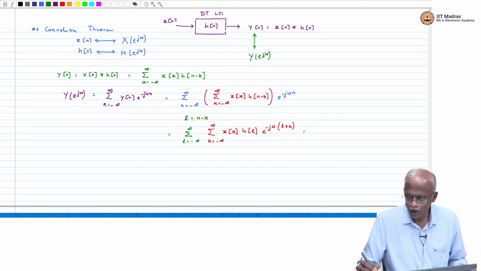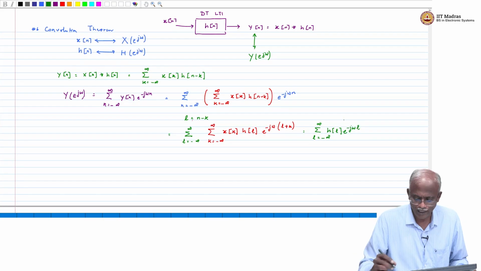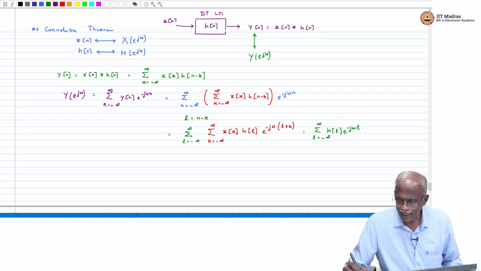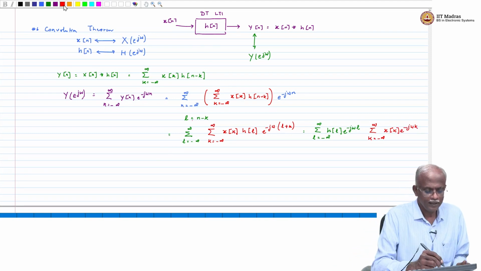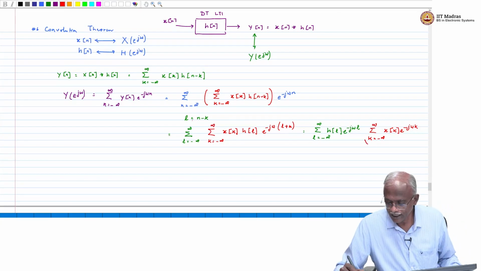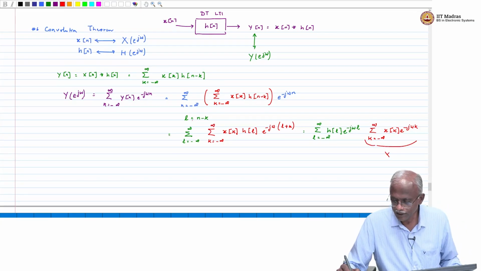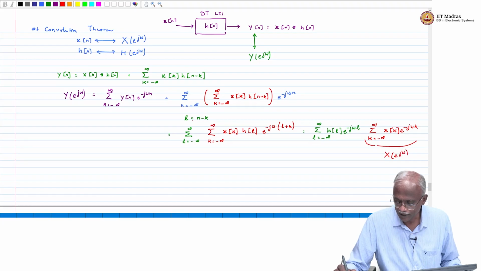Now, grouping of terms, all the L terms together: summation L equal to minus infinity to infinity, h of L e power minus j omega L. Group all the k terms together: summation k equal to minus infinity to infinity, x of k e power minus j omega k. This second term is nothing but X e of j omega.